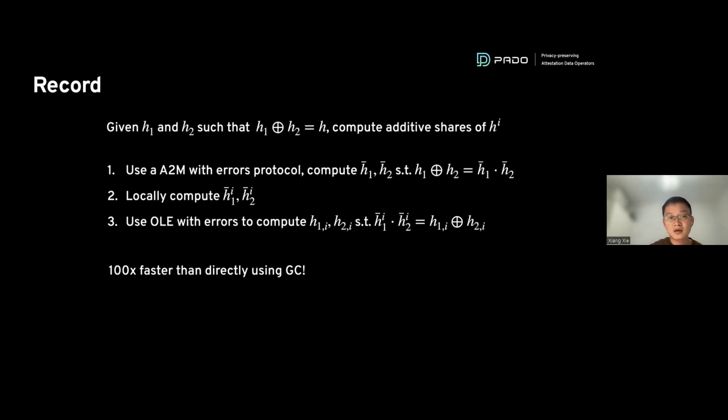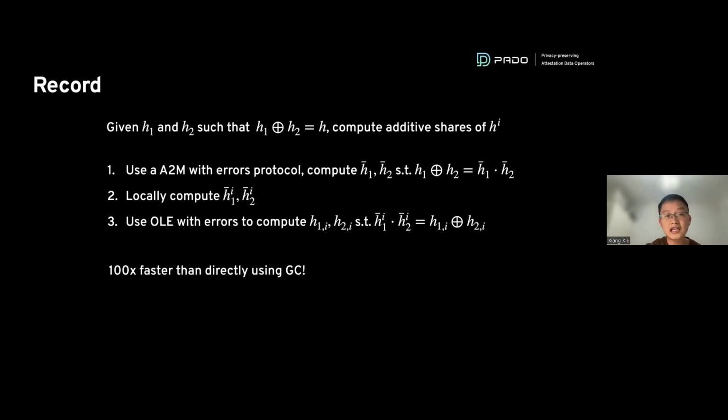So in this case, the two parties can locally compute the power of H bar, and it's also the multiplicative shares of the power of H. And then we use OLE or M2A with errors to compute the additive share of the power of H. In this way, we can be about 1,000 times faster than directly using GC.